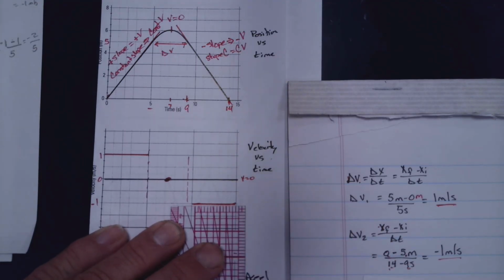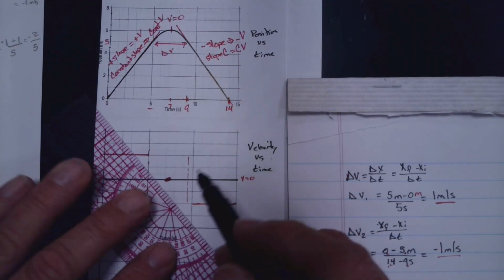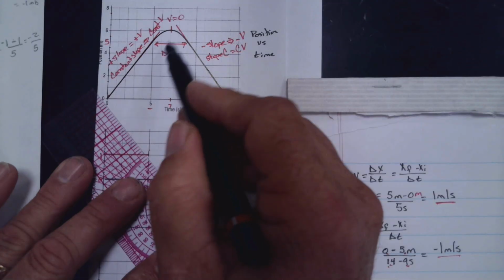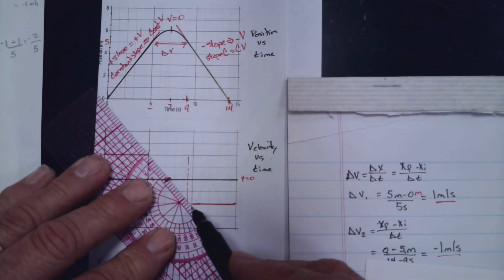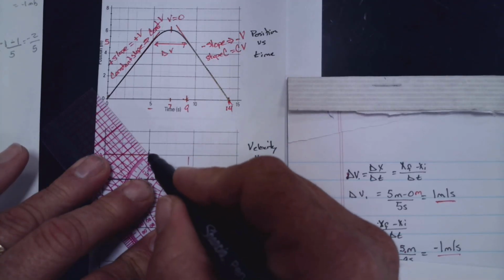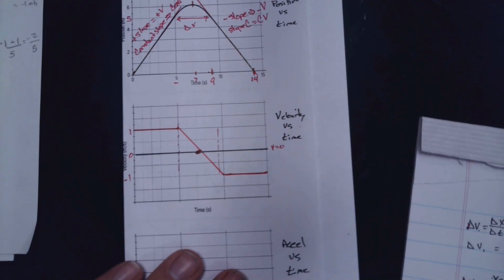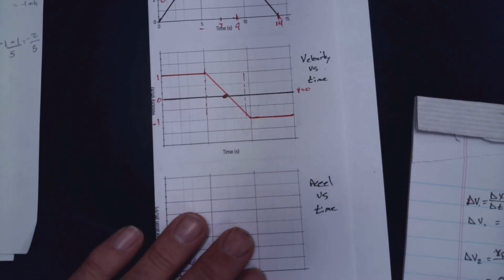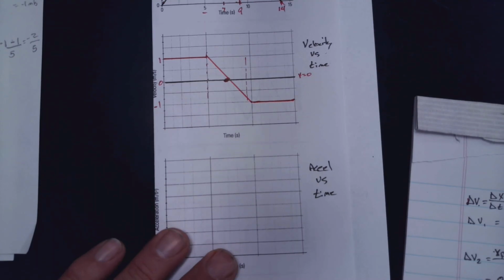So I draw that across, and now I have to go through my 0 time. This is a nice constant change in slope, so I'm going to be able to join these. Okay, so now we have our velocity versus time. So now I can convert that down to my acceleration versus time.